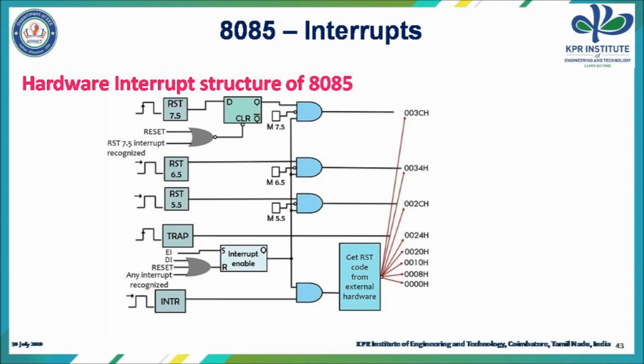Then the next one is RST 5.5, which is also a level triggered interrupt. Then followed by TRAP, which is an edge triggered interrupt. Finally INTR, which is a level triggered interrupt. So finally we can see the vector addresses generated by each interrupt. We'll see about this vector address in the next section.